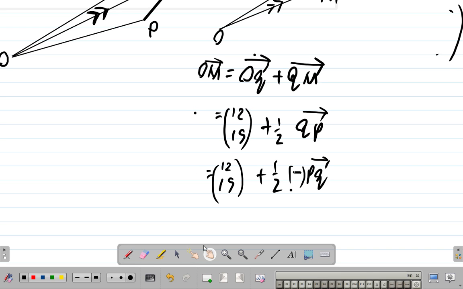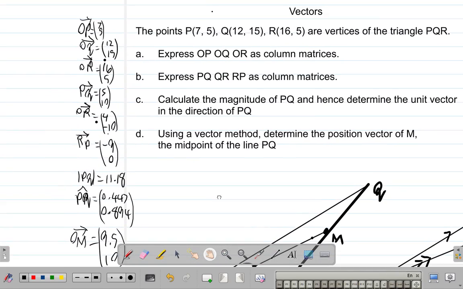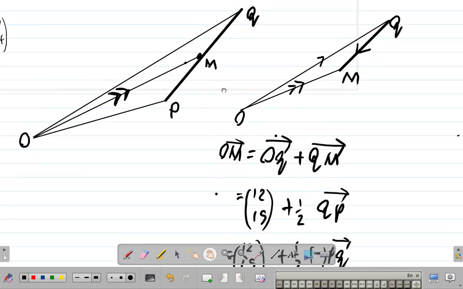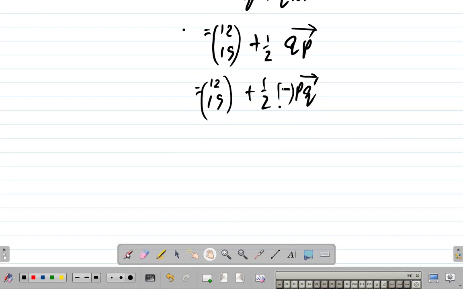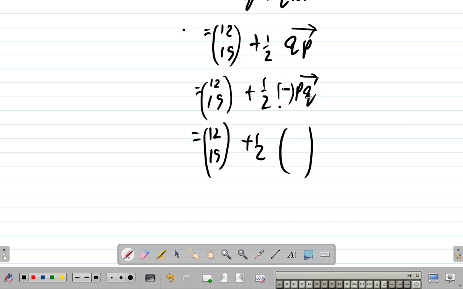Now, PQ was 5,10, so QP, negative PQ, is negative 5, negative 10. So here now, we have 12,15 plus half of negative 5 is negative 2.5, half of negative 10 is negative 5.